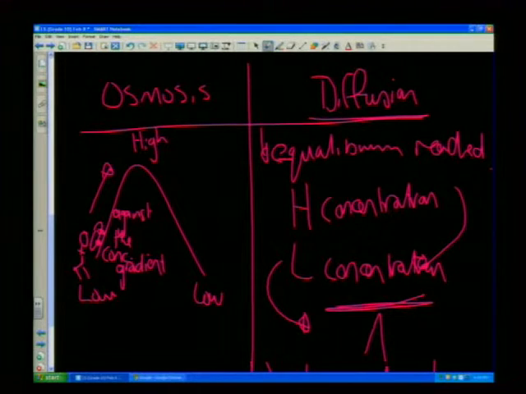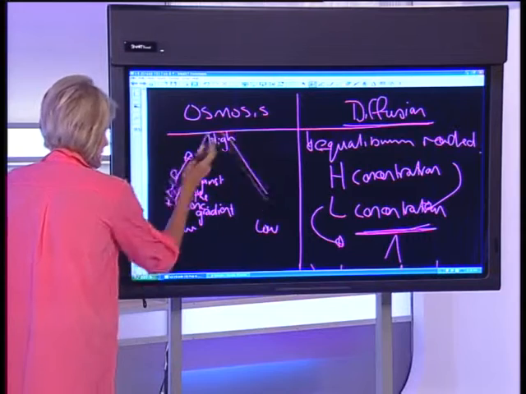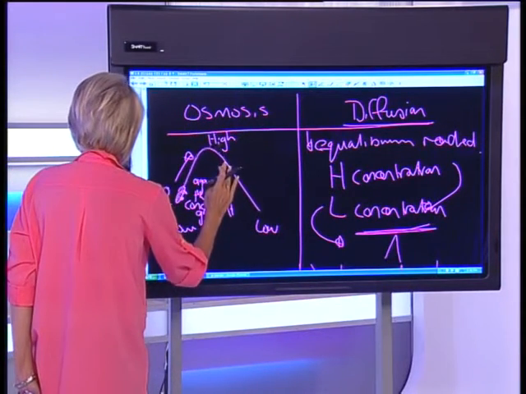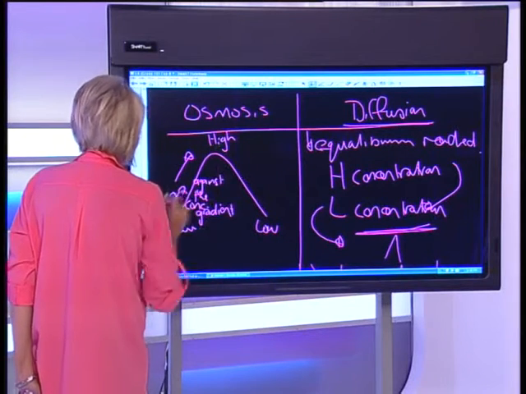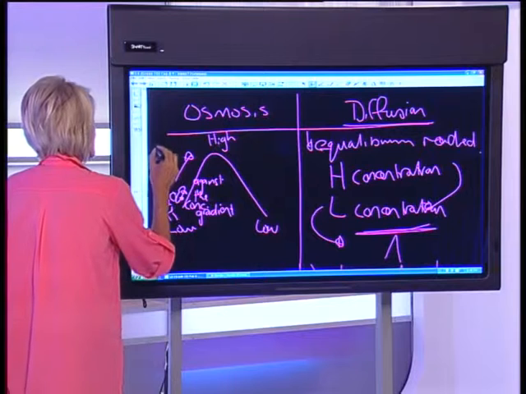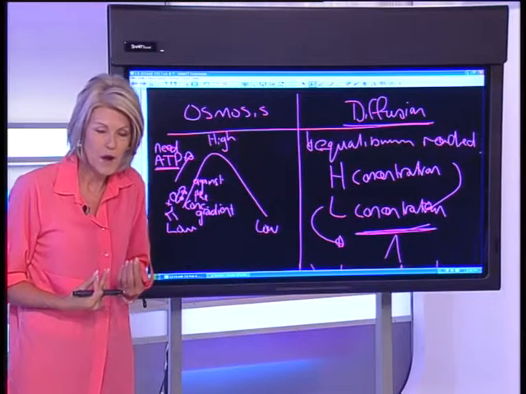So he's going to walk uphill with his skateboard. He's going against the concentration gradient. He's going uphill, and he's going to need ATP. ATP is energy. All right.